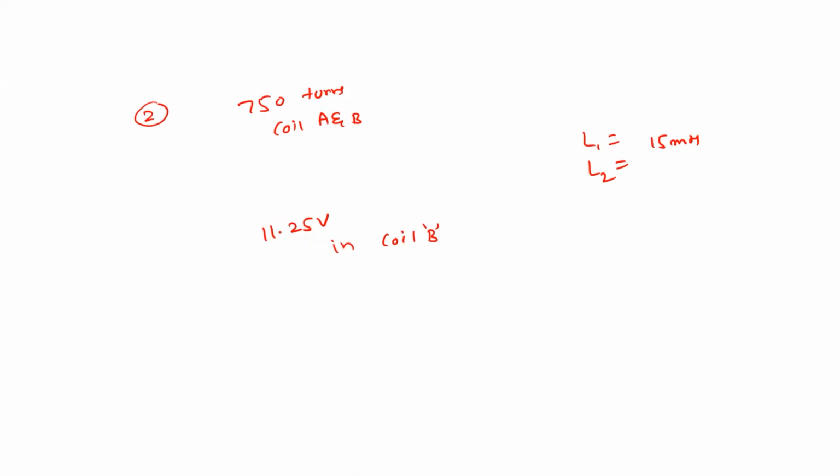Right. So next, calculate the flux per ampere produced in coil A. First question, what did we need to find? Calculate the mutual inductance of this arrangement if the self-inductance of each coil is 15 millihenry.